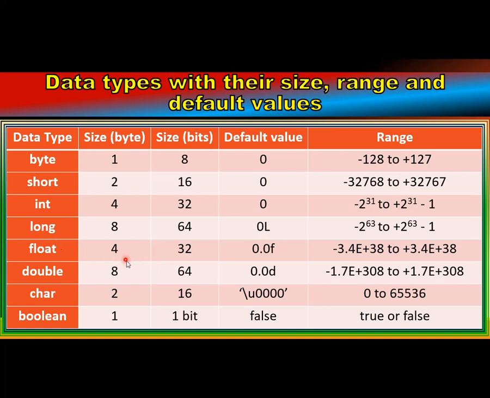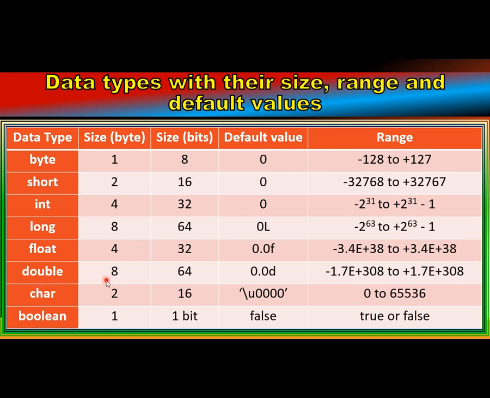Then float reserves 4 bytes of memory, so it is equivalent to 32 bits, and the default value is 0.0f. The f is needed to identify a decimal number as a float number, and the range is minus 3.4e+38 to plus 3.4e+38, means minus 3.4 into 10 to the power 38 to plus 3.4 into 10 to the power 38.